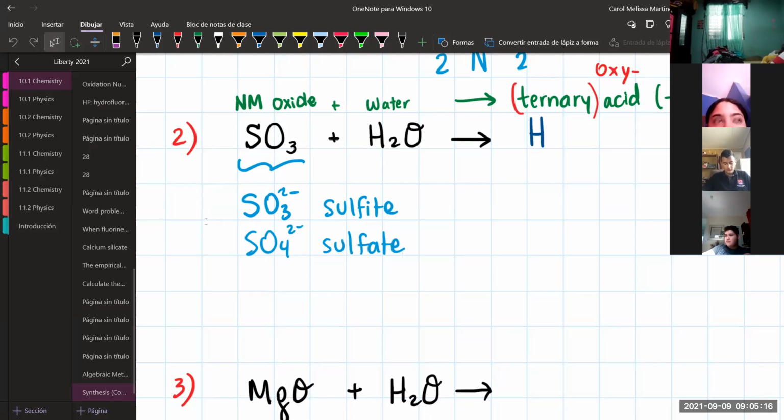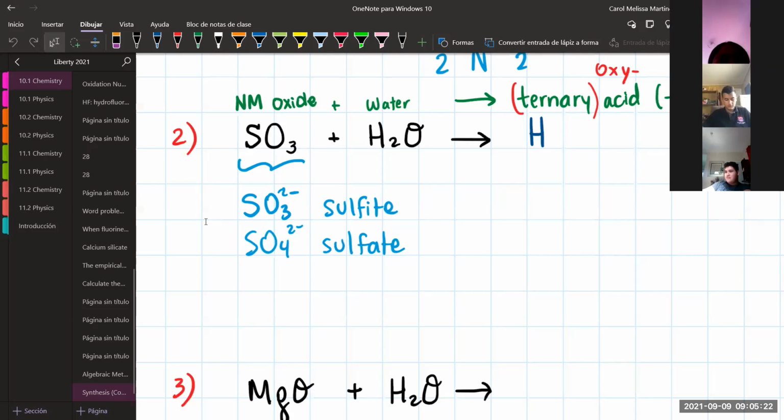But the rule says that you have to choose the ternary acid with the polyatomic ion that has the main version, which is the one that ends in ATE. That means that you will choose sulfate instead of sulfite. Okay?